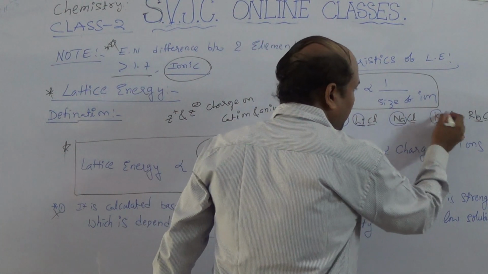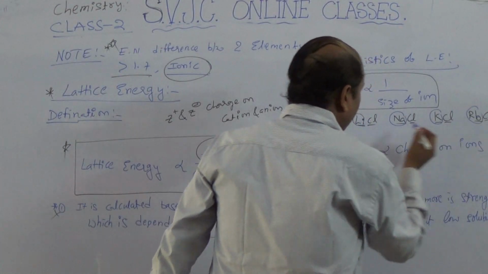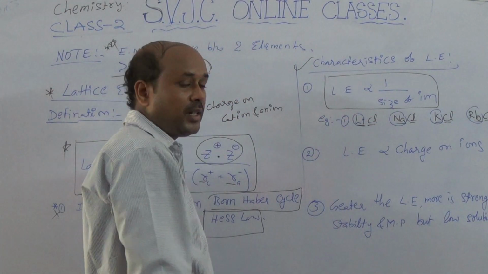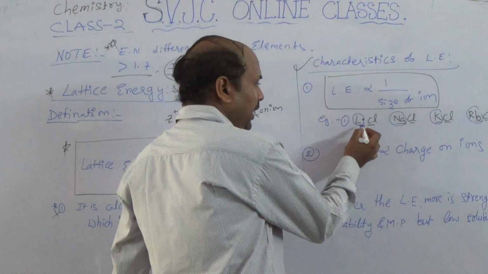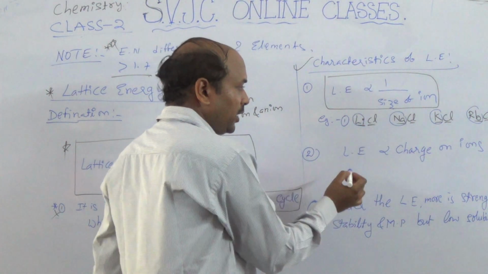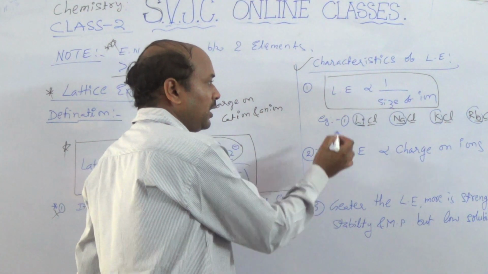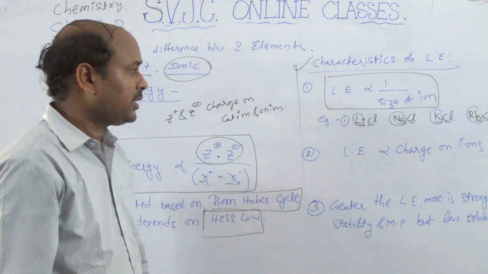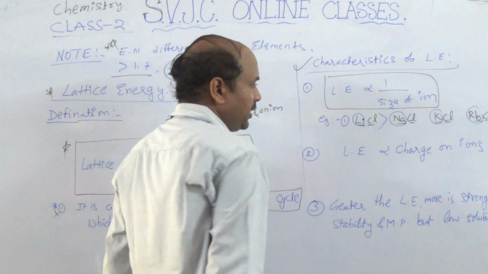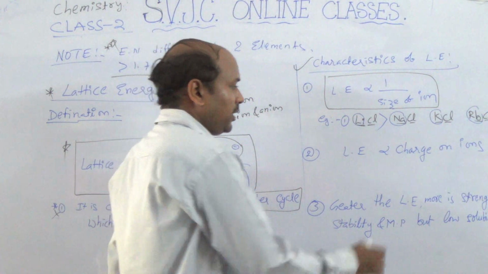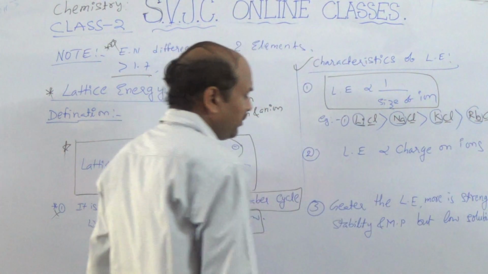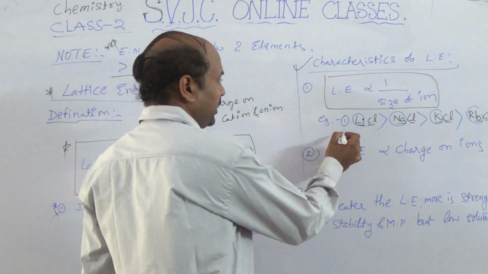Which one is the smaller cation? Already I told you, lattice energy is inversely proportional to the size of the ion. So the compound with the smaller cation has more lattice energy. So lithium chloride has more lattice energy than sodium chloride, than potassium chloride, than cesium chloride. Remember, this condition is very important.